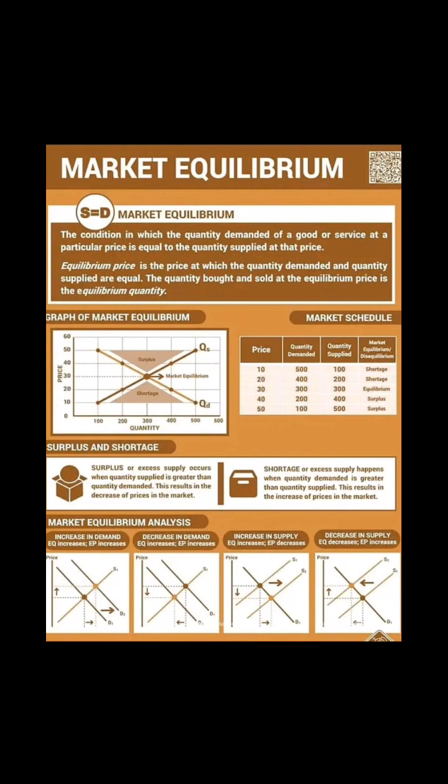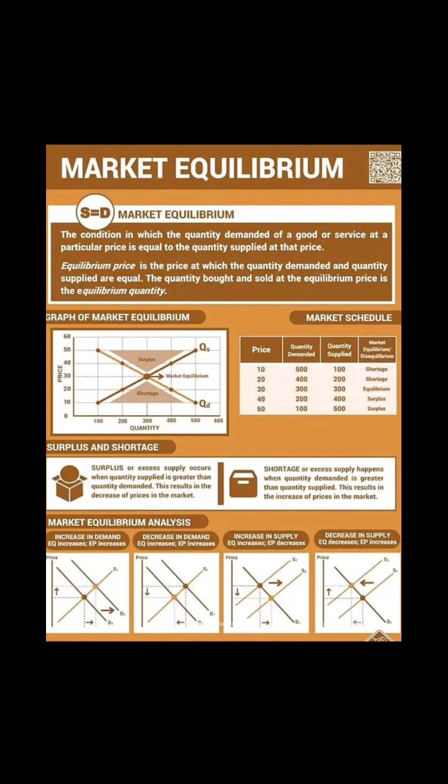The next graph coming from my left hand side is what we call decrease in demand, and decrease in demand is the opposite of increase in demand. This time around, the graph is shifting inward.